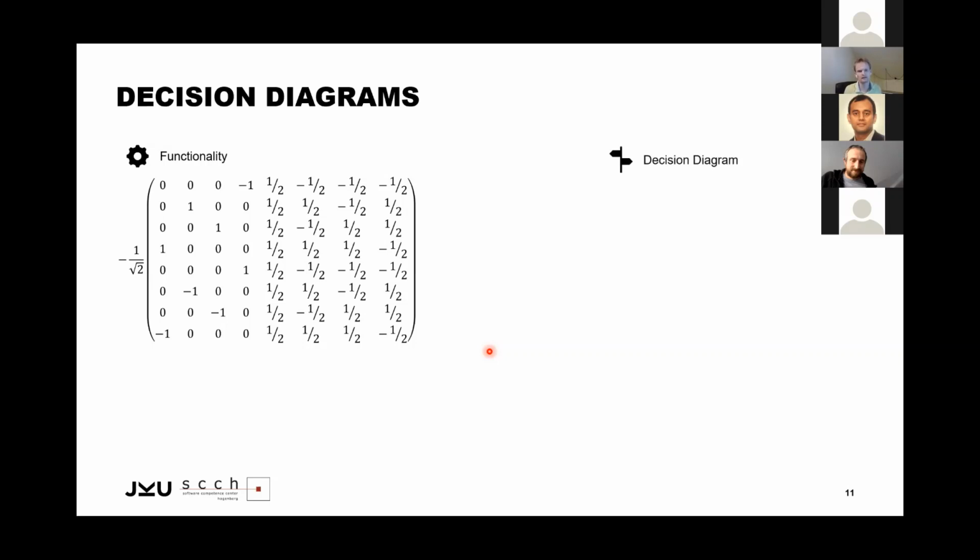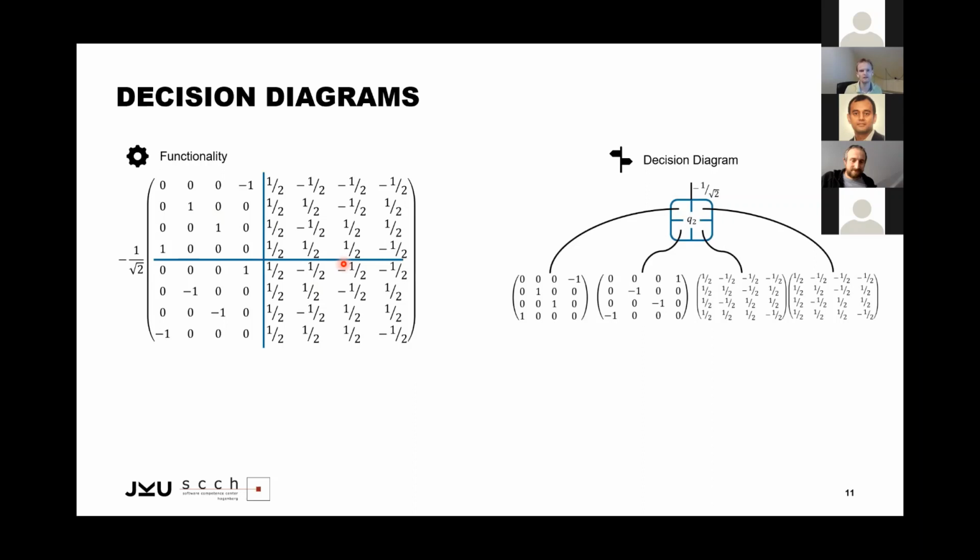And this is done by actually building up a decision diagram, which decomposes your overall matrix into submatrices. And this is highlighted a little bit here by these blue lines, because what's basically happening is we're simply saying, okay, you decompose your overall matrix into a first submatrix, a second submatrix, a third, and a fourth.